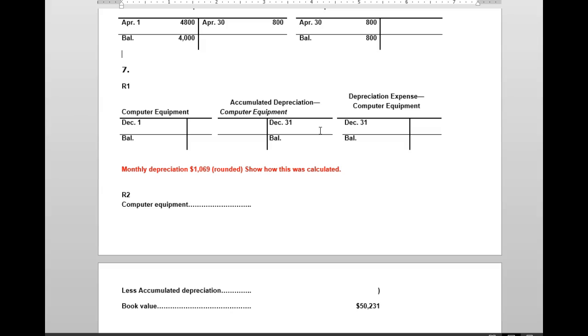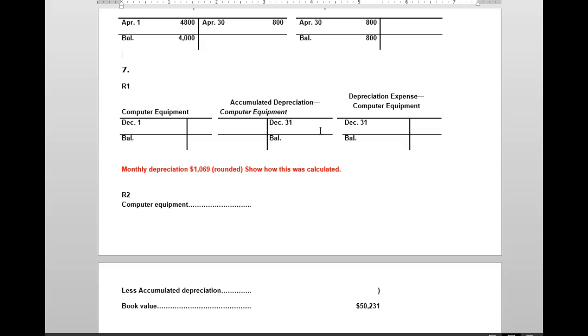It's straight line depreciation, which means you're just going to divide that $51,300 by 4 and allocate so much of the cost each year. Because you're using the computers over a 4-year period of time, you do not want to recognize the initial amount. You want to spread that out over the 4 years to recognize the use of that asset.